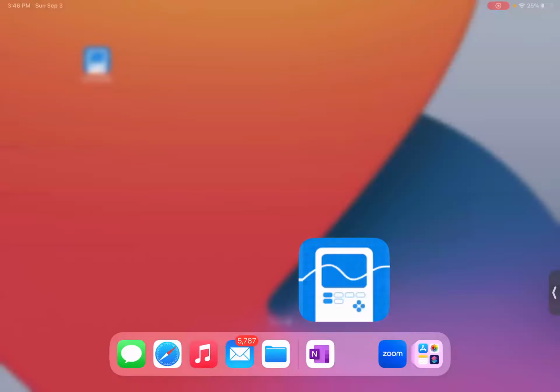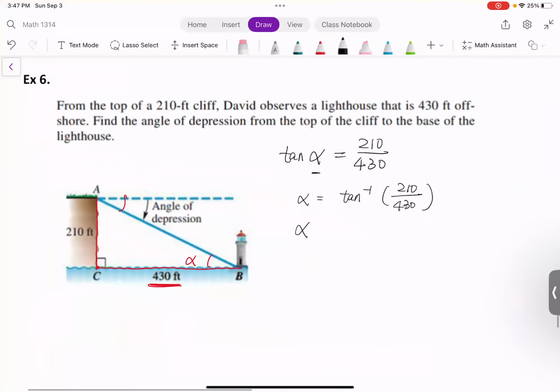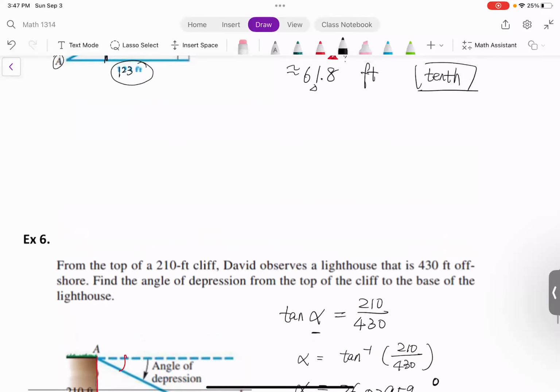So let's put this information in my notes. That is 26.02959 something. Remember this is a degree. Let's check another one.